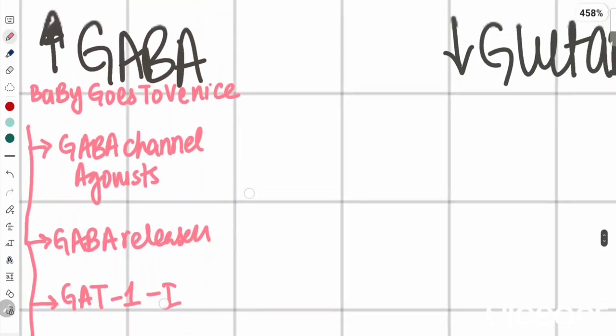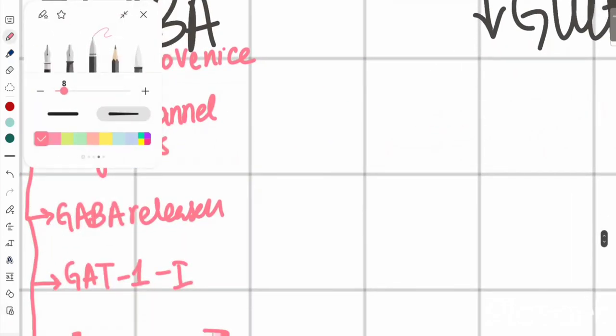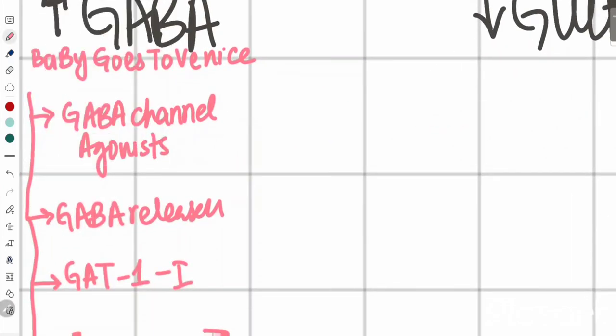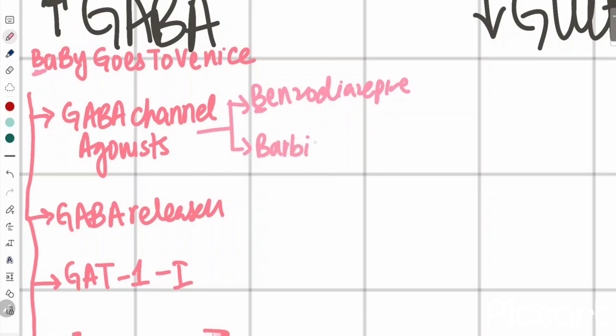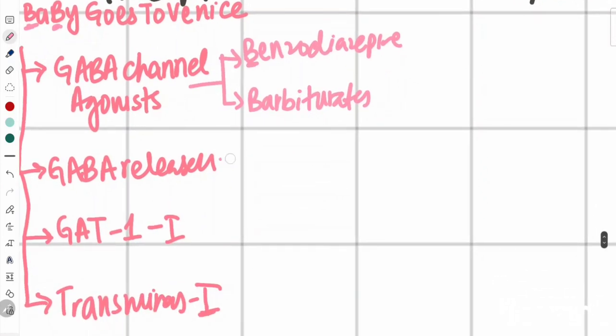So what is baby goes to Venus? Baby goes to Venus are the drugs. GABA channel agonists are benzodiazepines, so the first B right here is for benzodiazepines, and then barbiturates. This B is for barbiturates. GABA releasers is gabapentin.